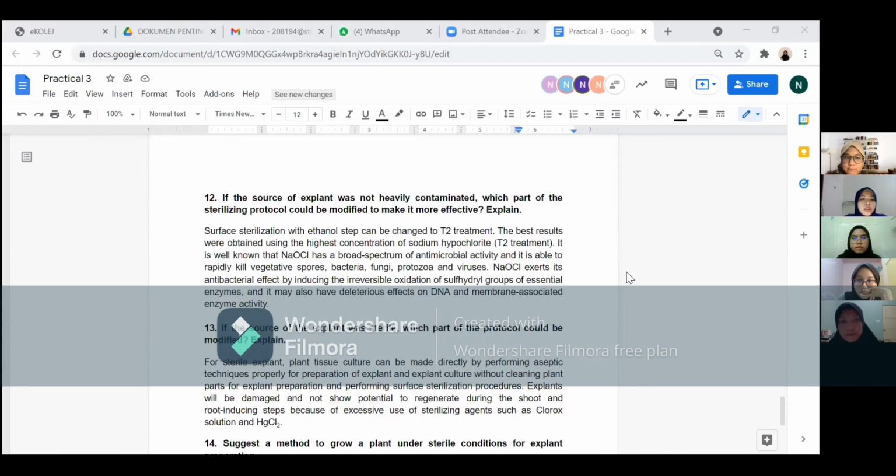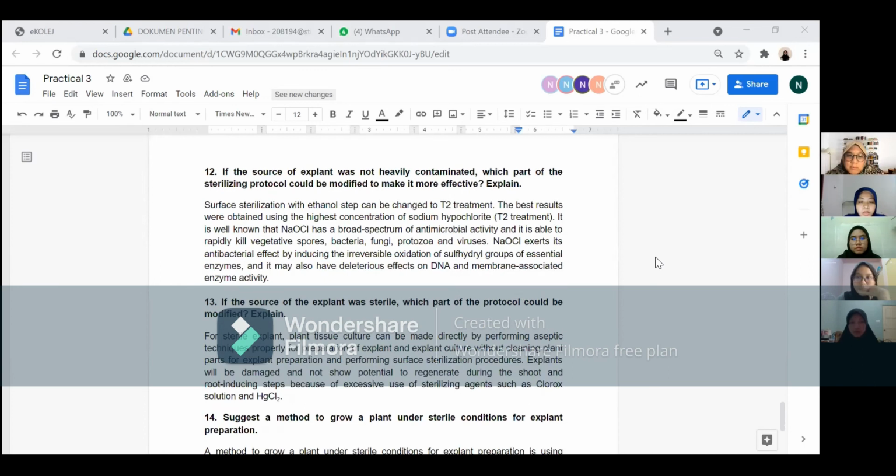Okay. For number 12, if the source of explant was not heavily contaminated, which part of the sterilizing protocol could be modified to make it more effective? Explain. So I think the part of the sterilizing protocol that could be modified is the surface sterilization with ethanol step.